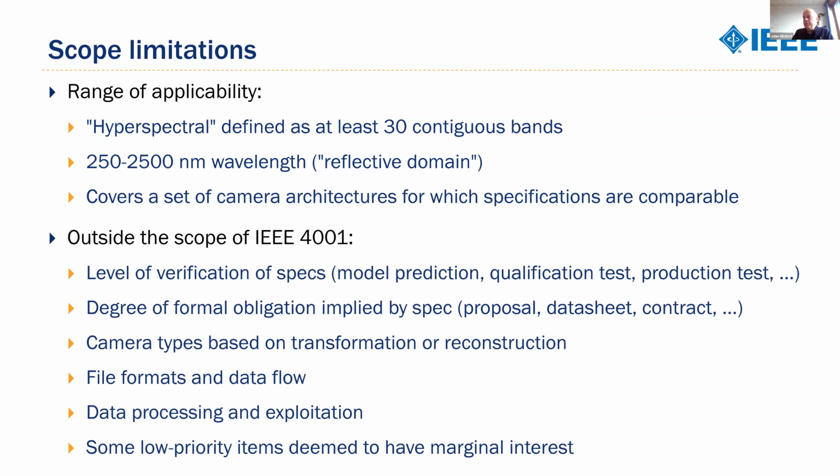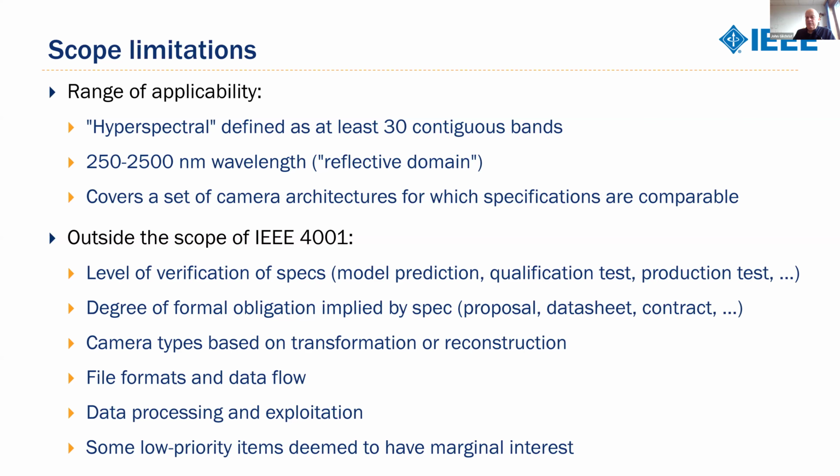So what comes outside our scope would be to what extent do you verify the specification you give? Is this just a prediction? Is it a production test, or what? And also what obligation the specification implies, whether it's a proposal or a contract, is outside our scope.